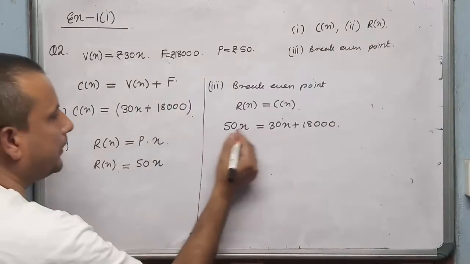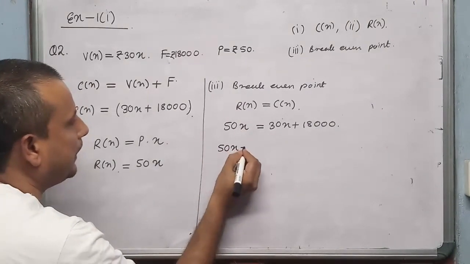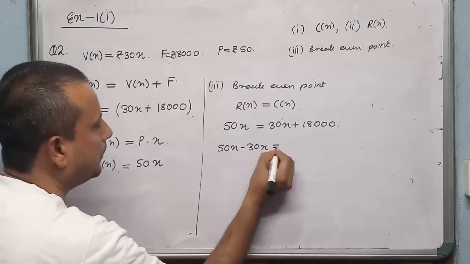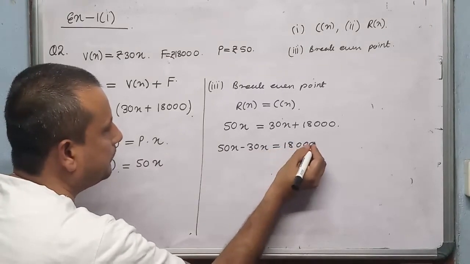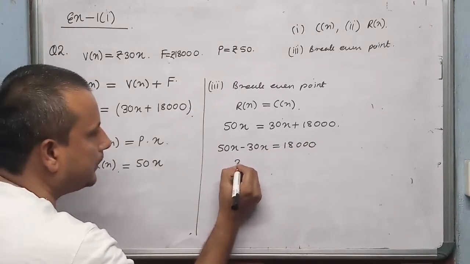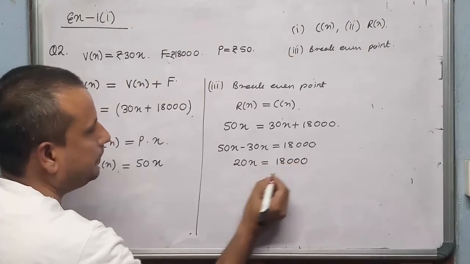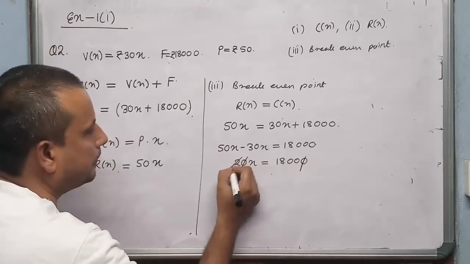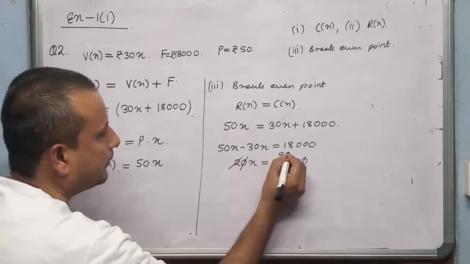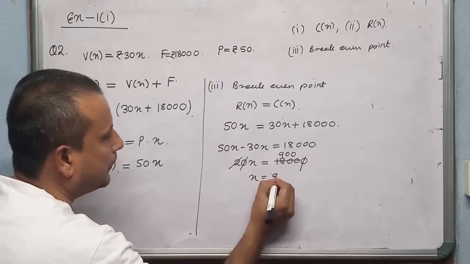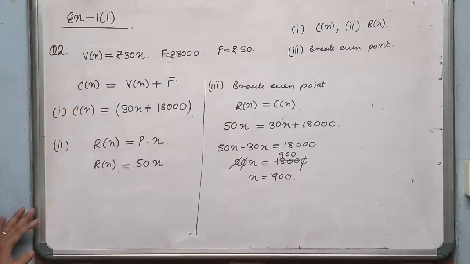Then write the like terms on one side. 50x minus 30x is equal to 18,000. 50 minus 30 is 20x is equal to 18,000. If they sold 900 units of books, there will be no profit and no loss. This one is the break-even point.